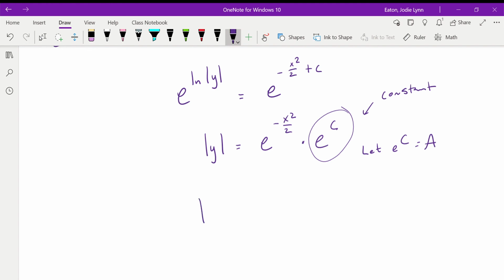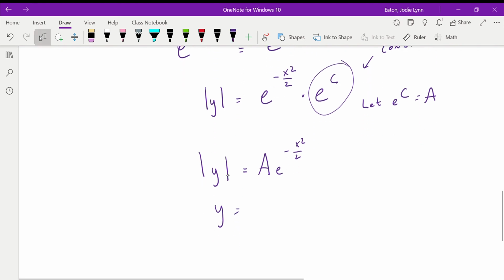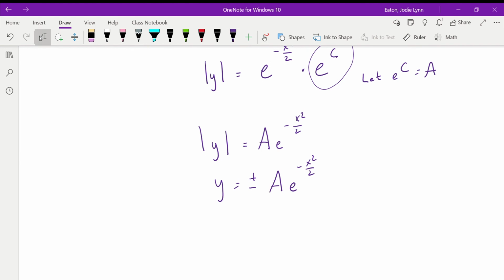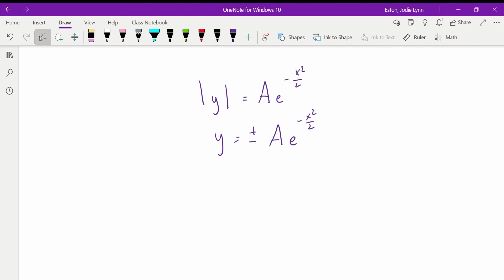So the absolute value of y equals a e to the minus x squared over 2, and y is equal to plus or minus a e to the minus x squared over 2. Okay. And notice that y equals 0 will also work.